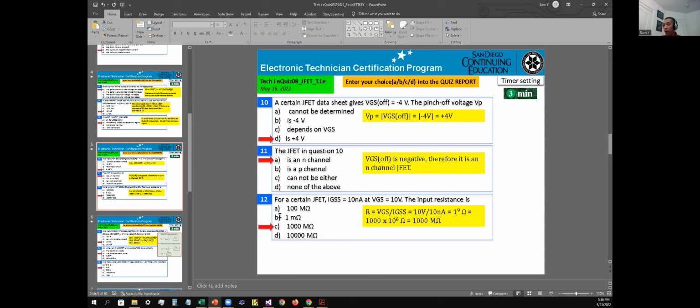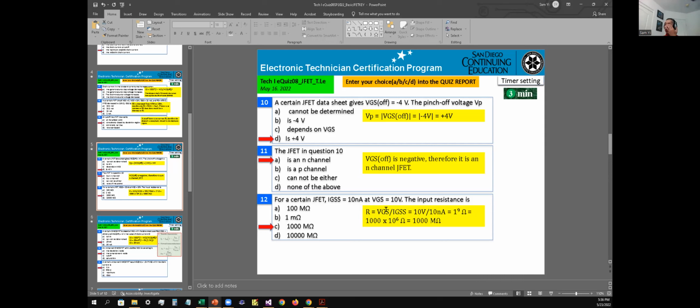Number 12, for a certain JFET, IGSS equals 10 nanoamp at VGS equals 10 volt. The input resistance is pretty much the voltage divided by the current.